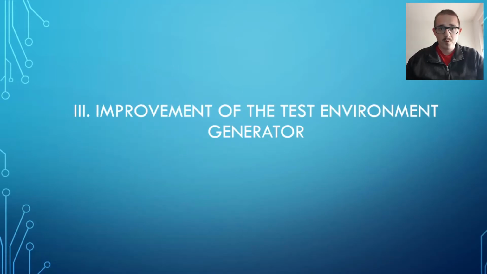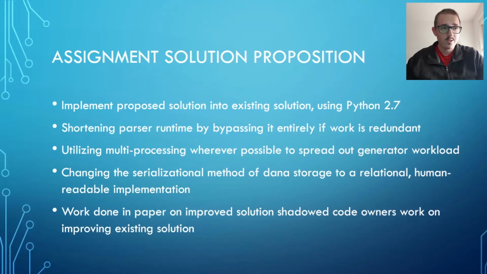So moving on to my improvements, what was devised to be done was to implement these solutions in the existing solution, using Python 2.7, using the program that was used live from RTRK, and shortening the parser became the first part of the work.